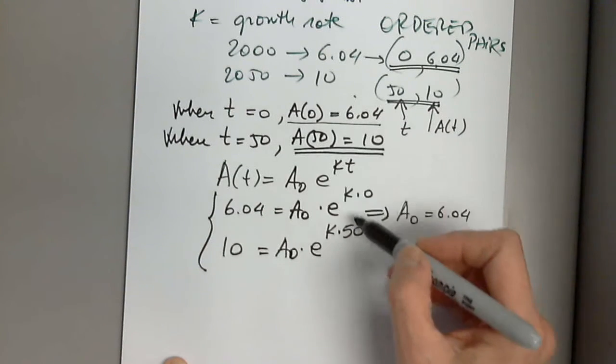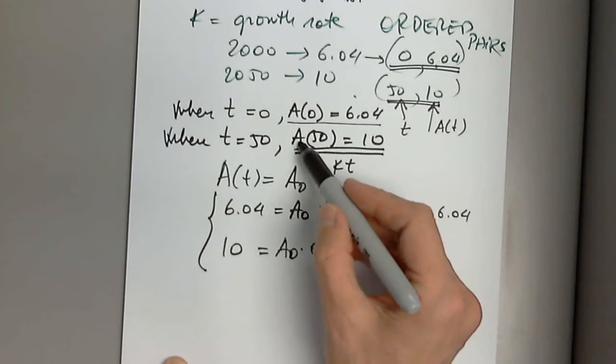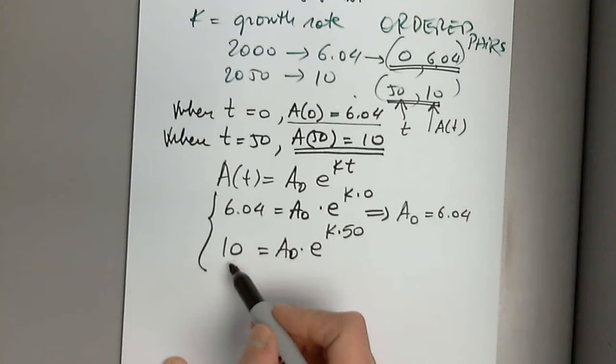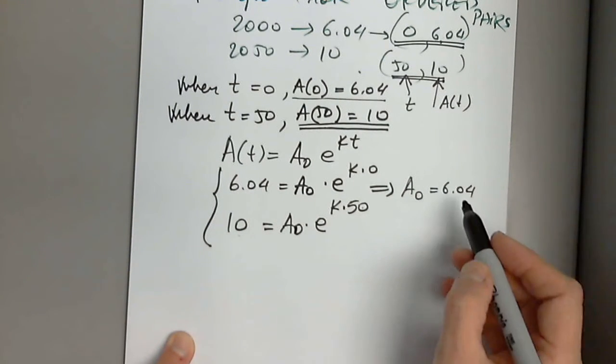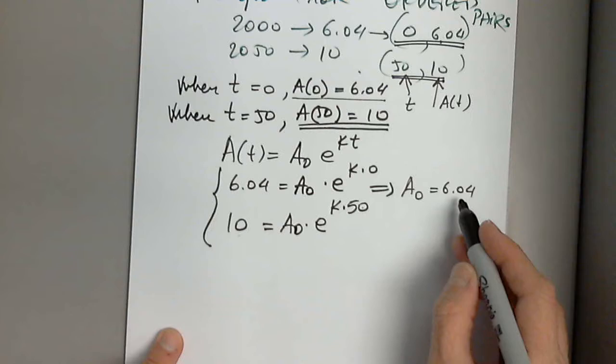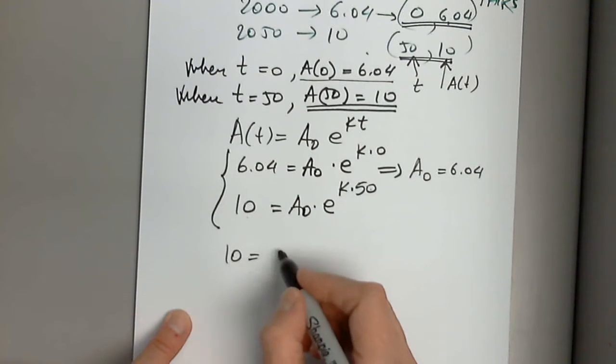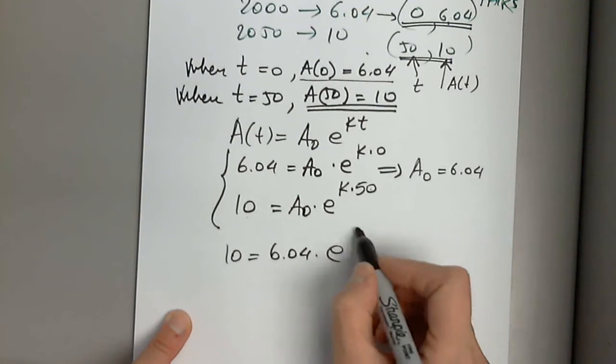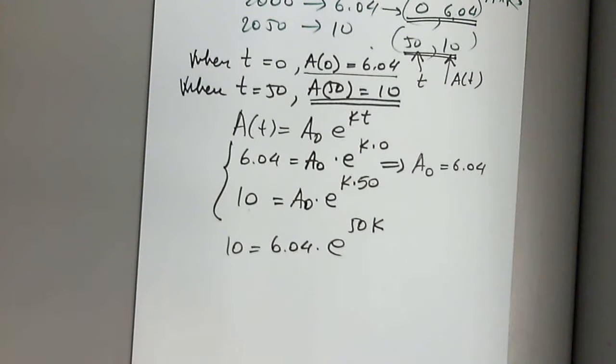When time is 50, A of 50 is 10. Of course, I will plug in, because I already have now A0, so this is 10, 6.04 times E to 50K. So yes, we determined A0, which is the original, whenever we started counting people in that area. The only thing that I have left to determine is K.